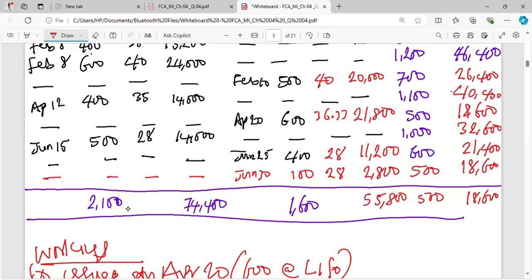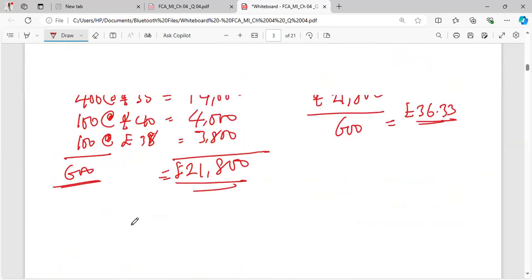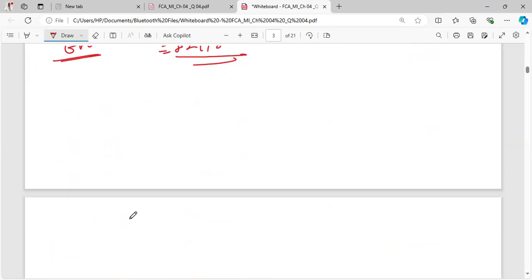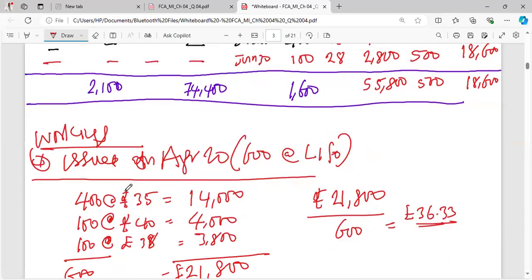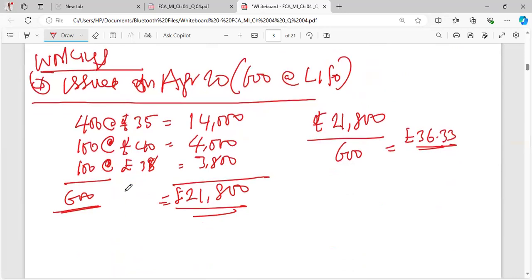This 500 was used up. Now, in this 600, how did we do the 600?